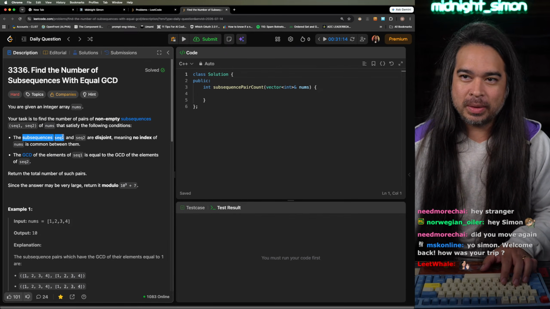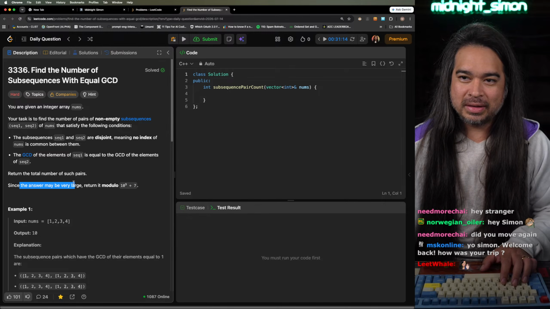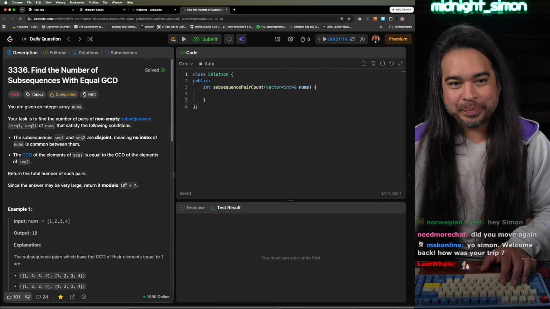The subsequences seq1 and seq2 are disjoint, meaning no index of nums is common between them. The GCD of the elements of seq1 is equal to the GCD of the elements of seq2. Return the total number of such pairs. Since the answer may be large, return it mod, big mod.